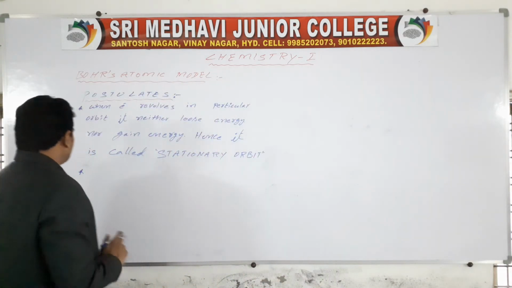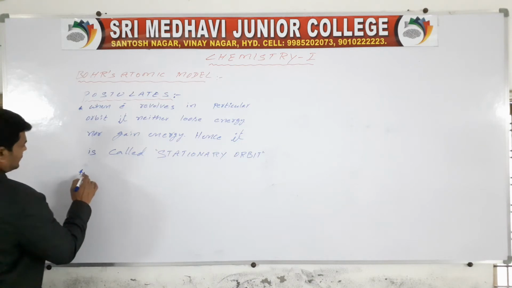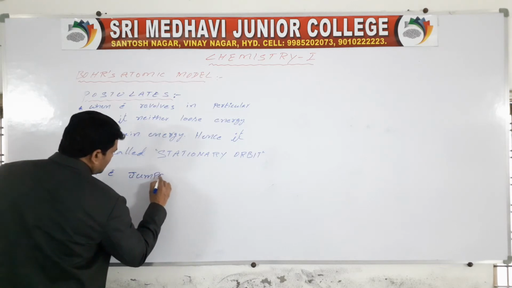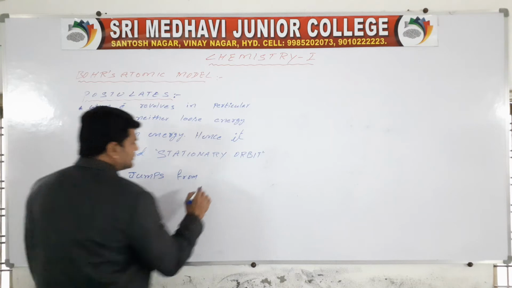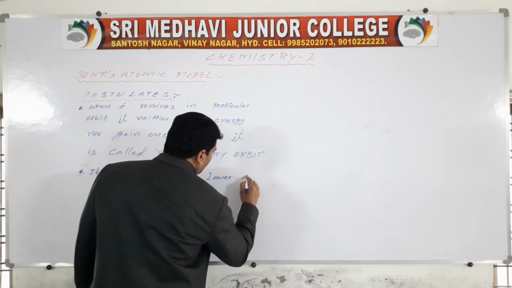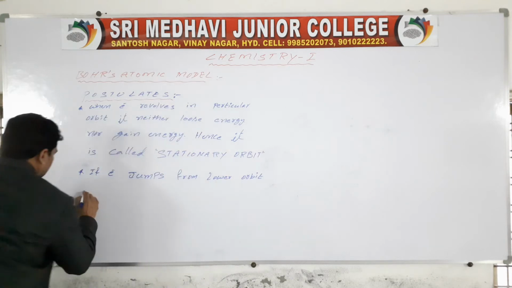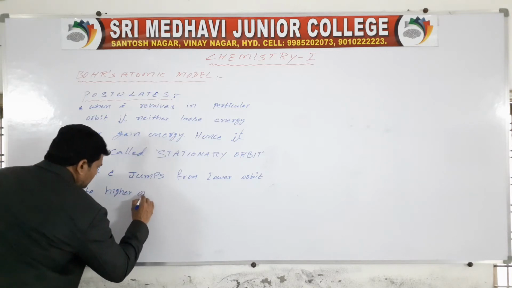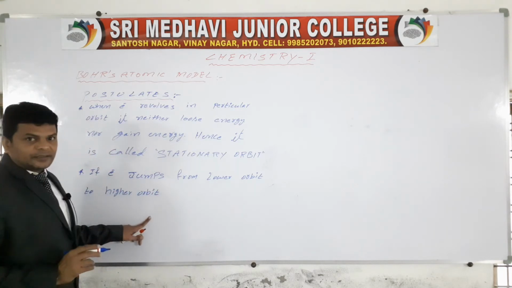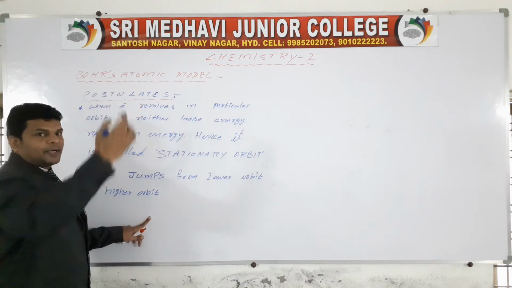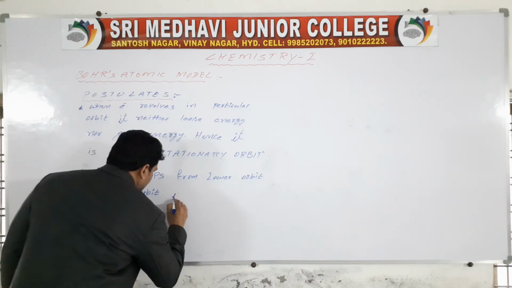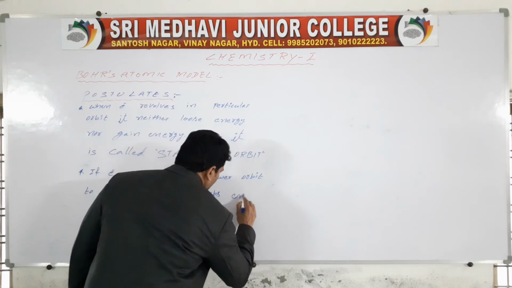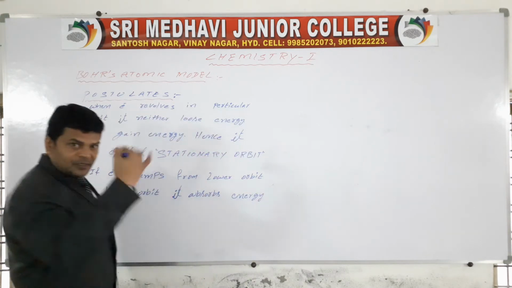Okay, so if an electron jumps from a lower orbit to a higher orbit, it absorbs energy.